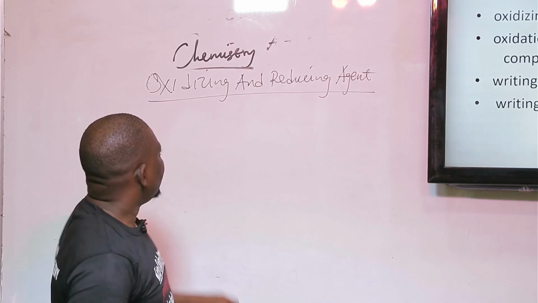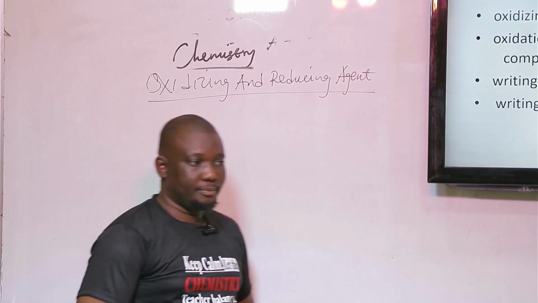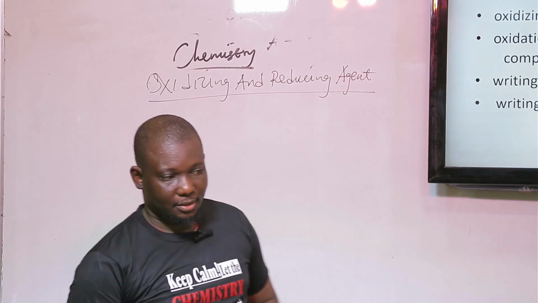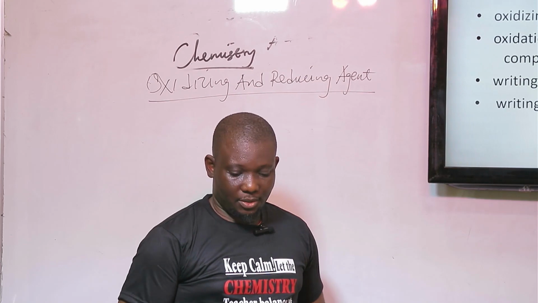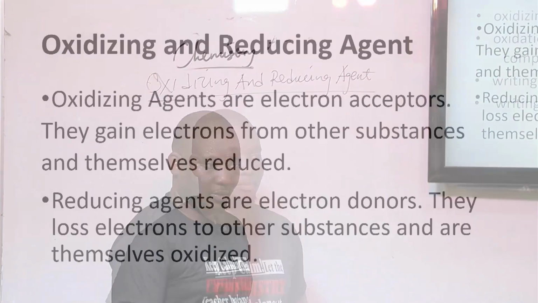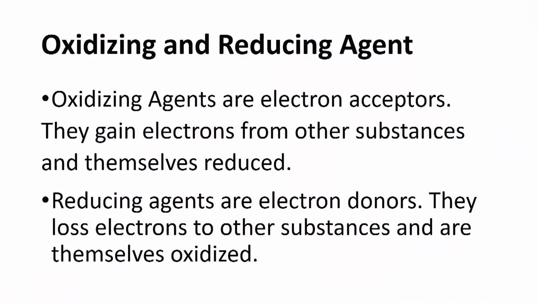Okay. And what are oxidizing agents? Oxidizing agents are electron acceptors. That is, a substance that gains an electron from another substance and itself becomes a reduced species.